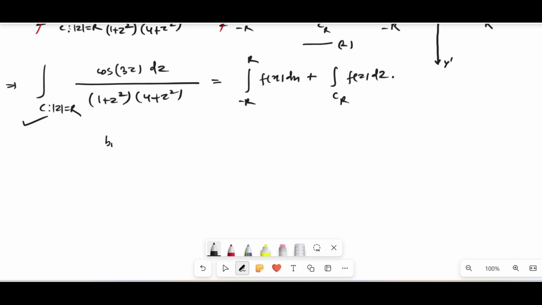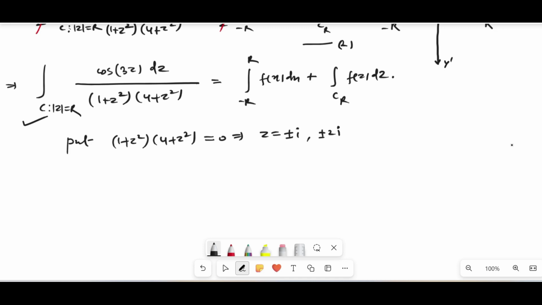First of all we need to find the singularity. So we need to put the denominator (1 plus z square) and (4 plus z square) equal to 0. Then we will get the values of z, that is plus or minus i and plus or minus 2i.